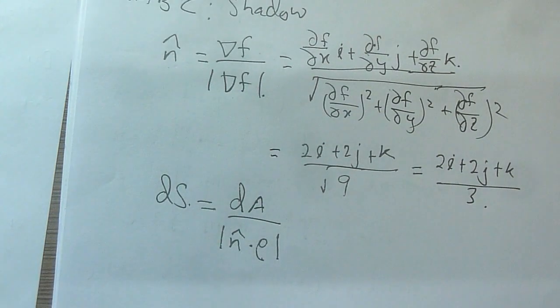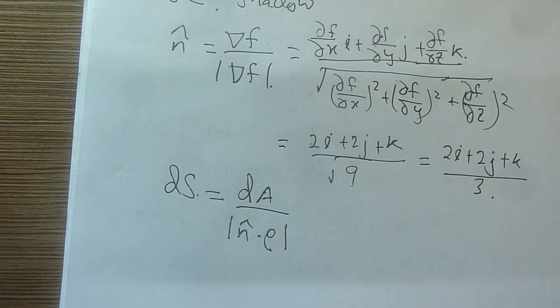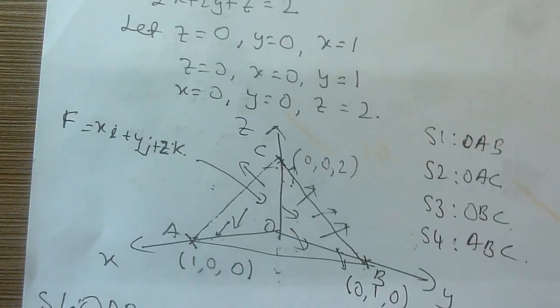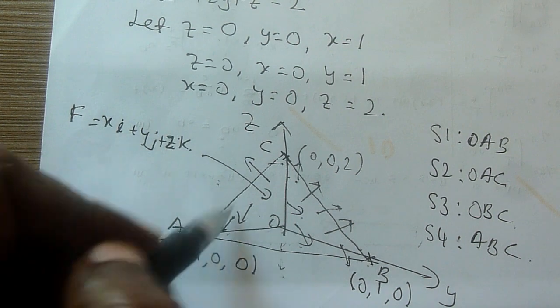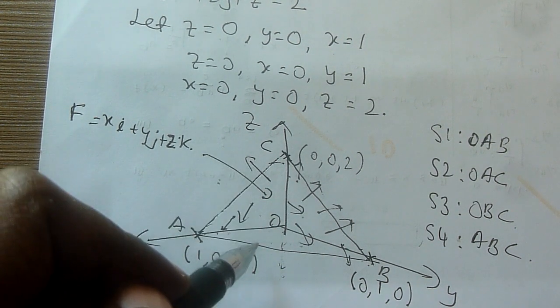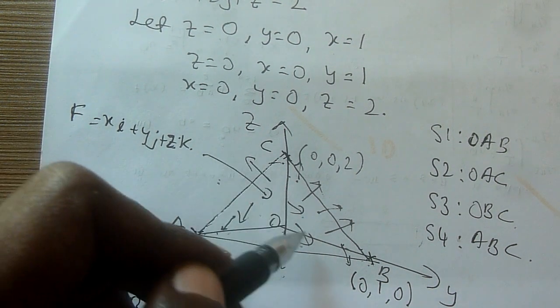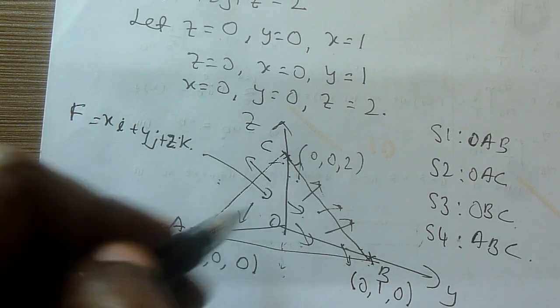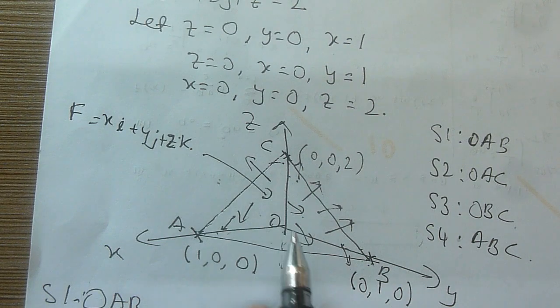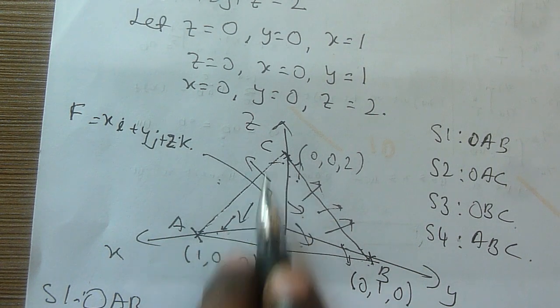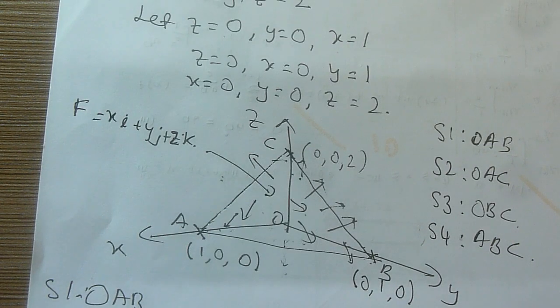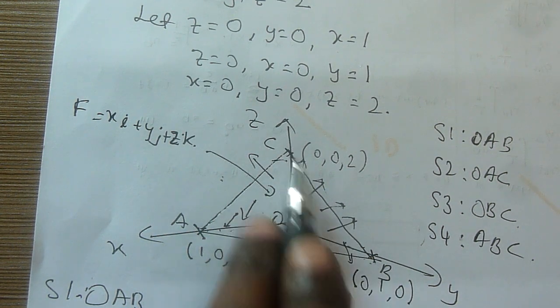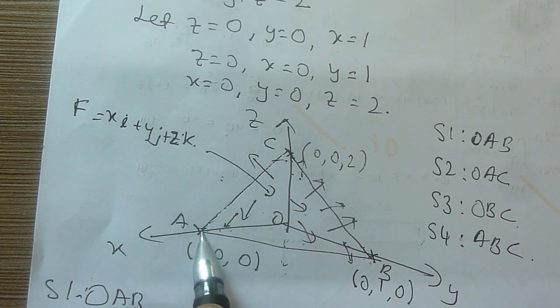How many ways do we have to shadow here? Your question is, I would like to shadow, but where can I shadow? The beautiful thing for this particular case is we can shadow this to OAC, OBC or OAB.